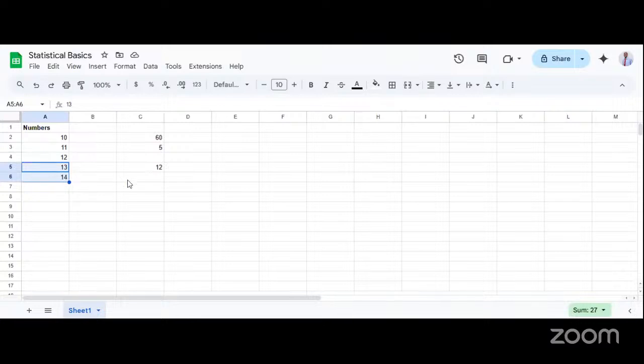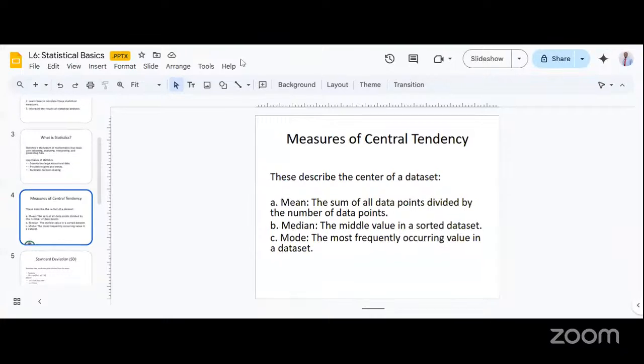So this now takes us to the next concept. The next concept is actually median. So how does median get calculated? Median gets calculated by getting the middle value in a sorted data set. So take notes, median is gotten by looking for the middle value in a sorted data set.